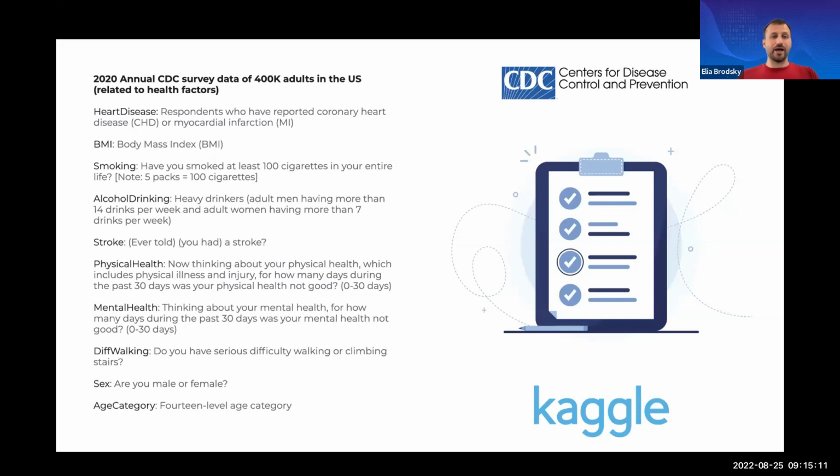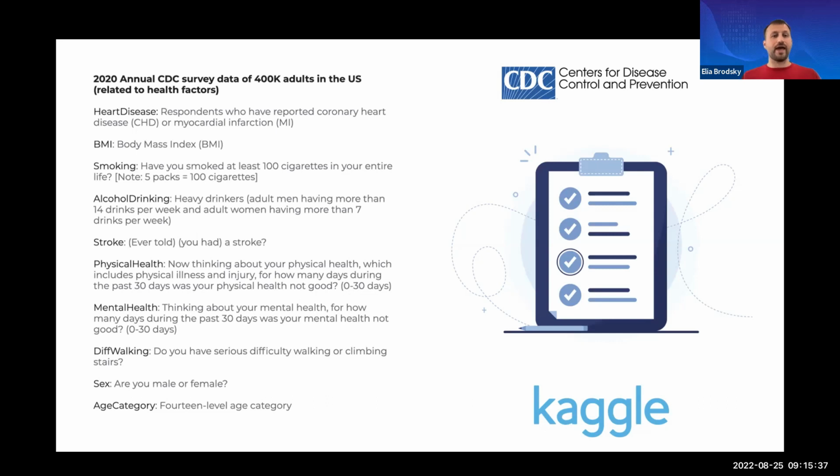Then there's BMI, the body mass index, which takes into account your size as well as how much you weigh, so it's a proportionate measure. Smoking: if you have smoked at least 100 cigarettes in your entire life, you are considered a smoker. So it doesn't mean that you're actively smoking today.